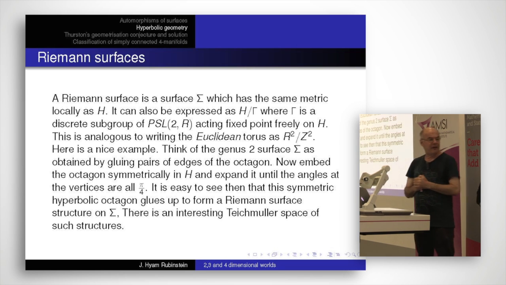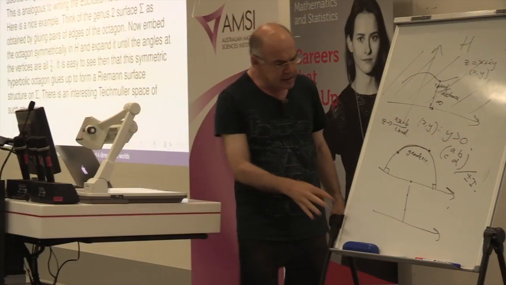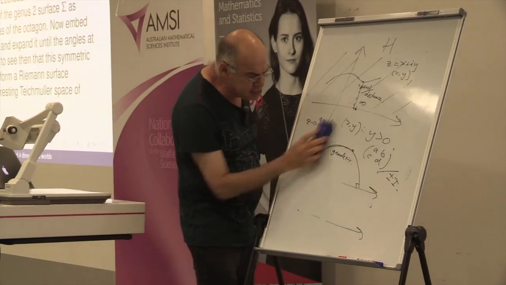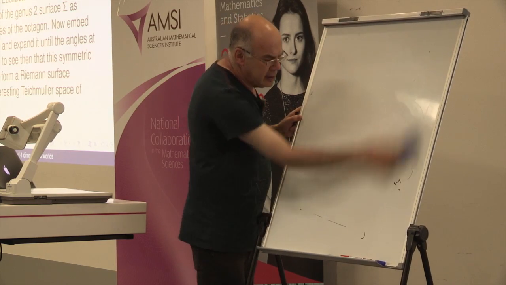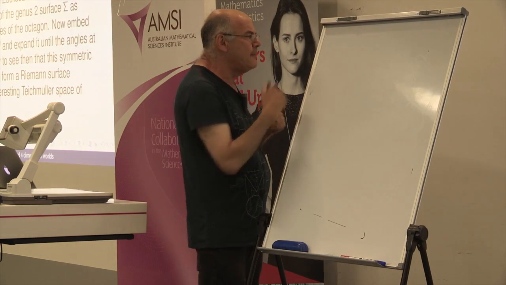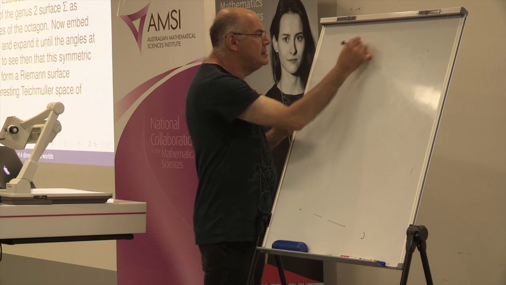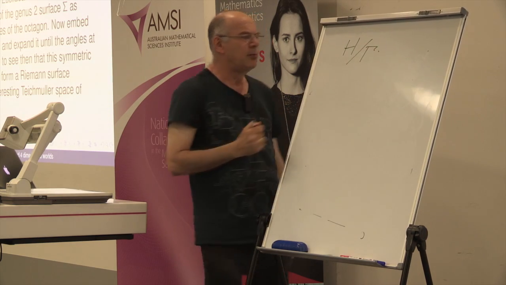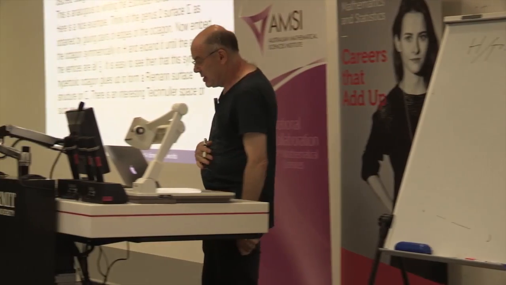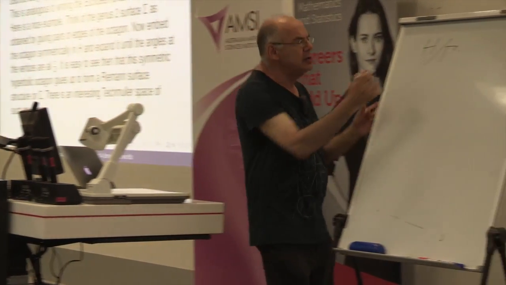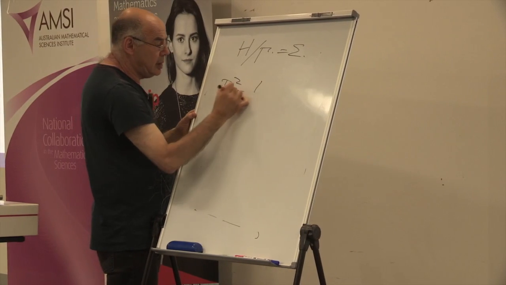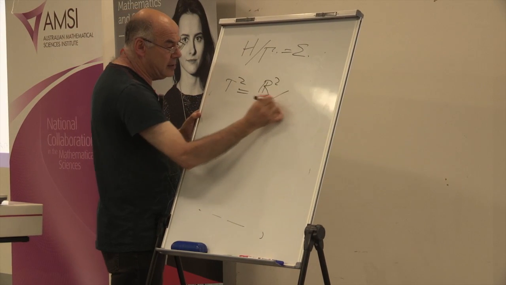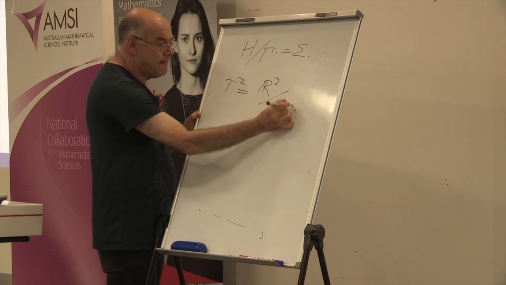The other way of thinking of it, which is the same way that we thought of the 2-torus, is that we can take the hyperbolic plane and divide out by what's called a lattice. Remember we thought of the 2-torus as R2 divided by Z2.